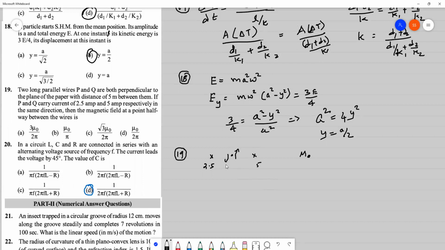Due to 5 ampere, it is mu naught times 5 by 2 pi a, where a is the distance, which is also the same at the midpoint. Minus mu naught into 2.5 by 2 pi a. So 5 minus 2.5 will give you 2.5.